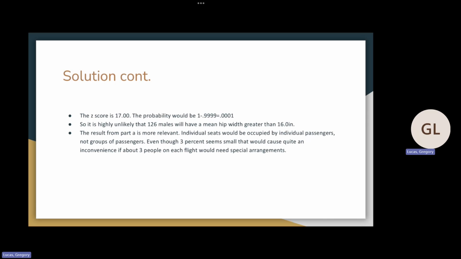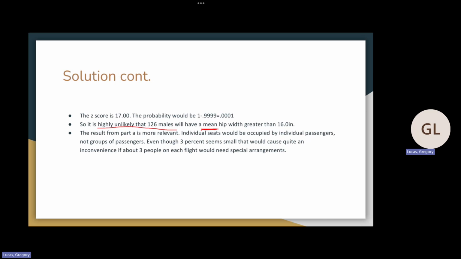But just one person is all that matters if we're dealing with a flight. So it's highly unlikely that 126 males will have a mean hip width greater than 16 inches. We don't care what the mean is. We just need, if one specific person is bigger than 16 inches, it doesn't matter whatsoever what the mean is. It's just that person is bigger than 16 inches, so they're not going to fit on the flight.